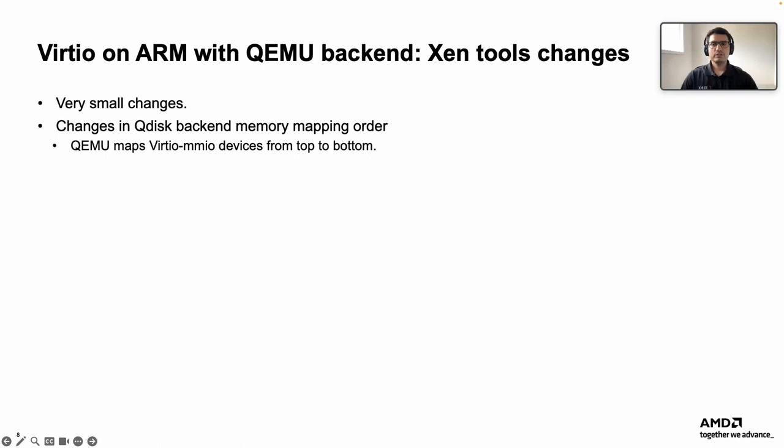We just had to change the order in which the device tree nodes are created to incorporate the QEMU support, because QEMU maps the VirtIO MMIO devices in top-to-bottom order, which means VirtIO 0, the first device, is mapped at the highest VirtIO base address.